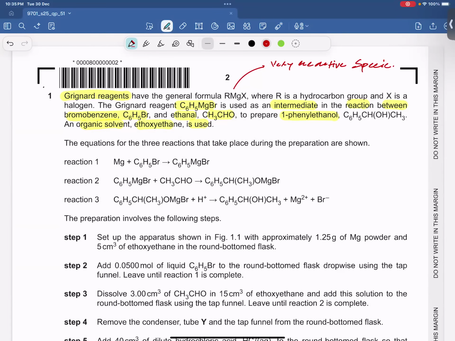Bromobenzene is basically an aromatic alkyl halide, also called aryl halide. Ethanal is basically an aldehyde. And ethoxyethane is used as an organic solvent, but remember, ethoxyethane contains some amount of water.